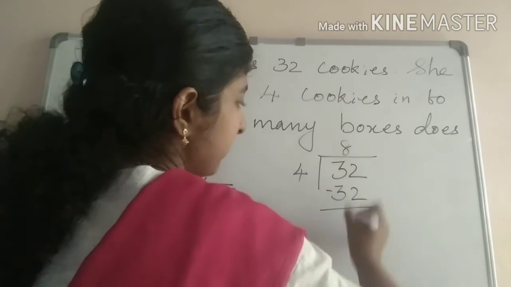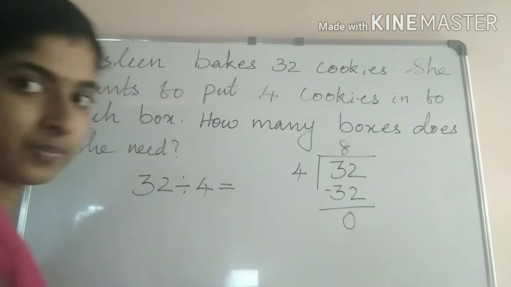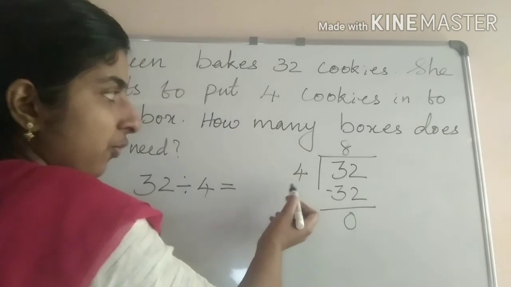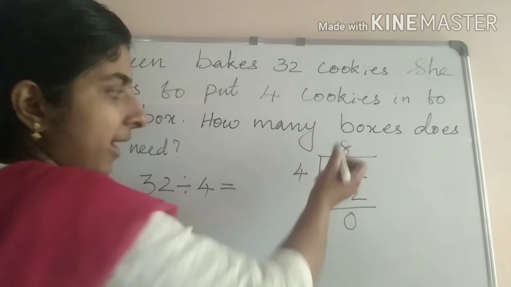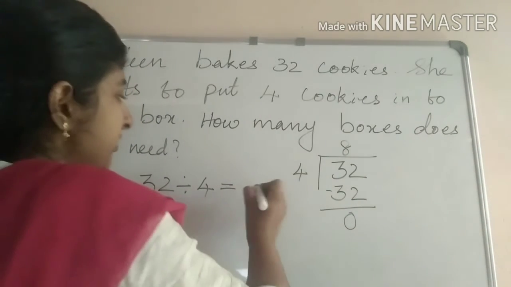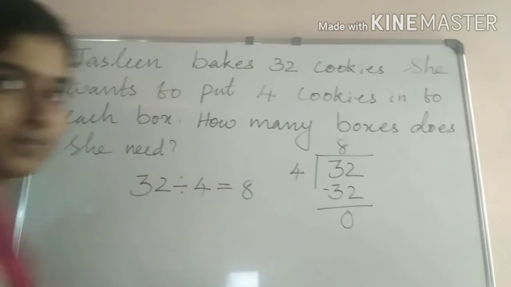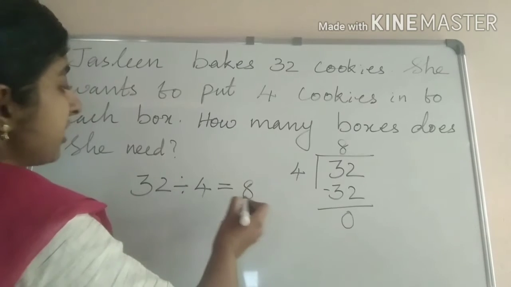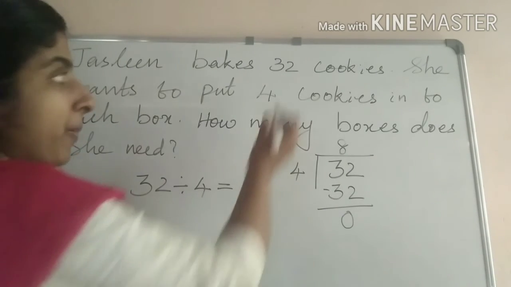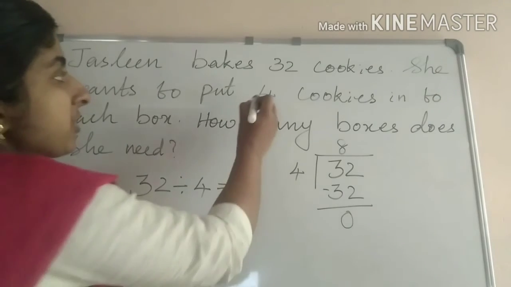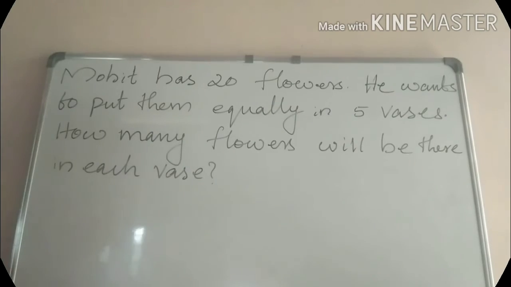Here 32 minus 32, 0. So here the dividend is 32, the divisor is 4, the quotient is 8, the remainder is 0. Here the answer is 8. She needs 8 boxes to pack these 32 cookies. Each box has 4 cookies.